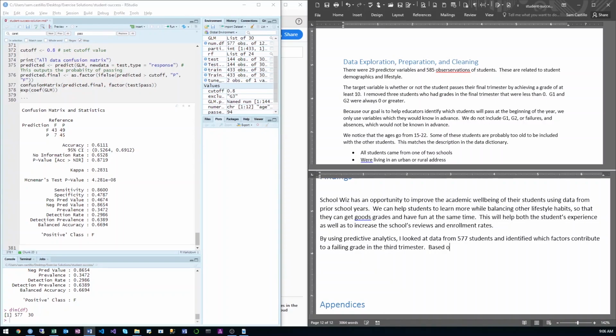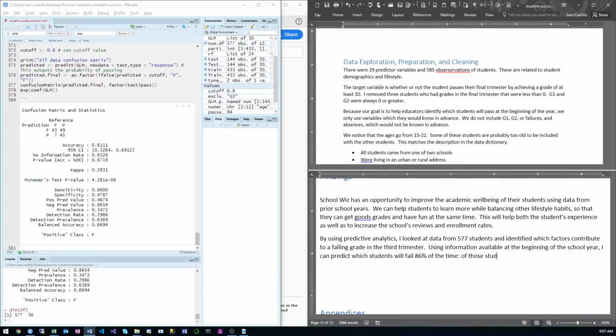Based on the inputs, using information available at the beginning of the school year, I can predict which students will fail 86% of the time.